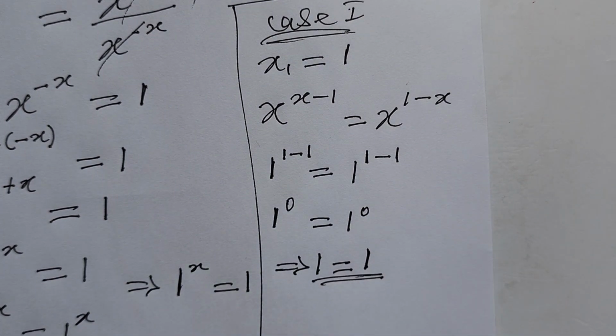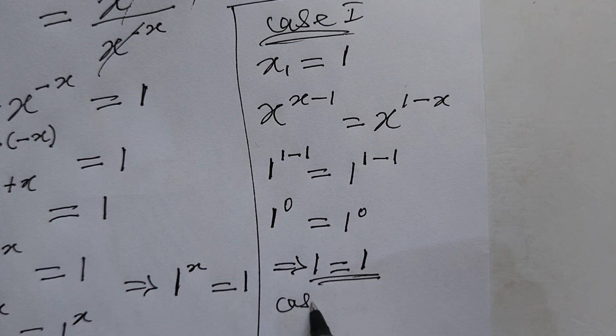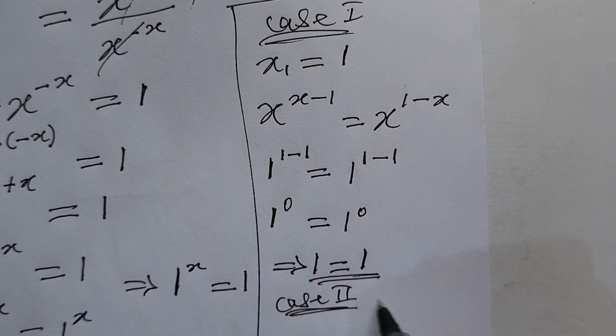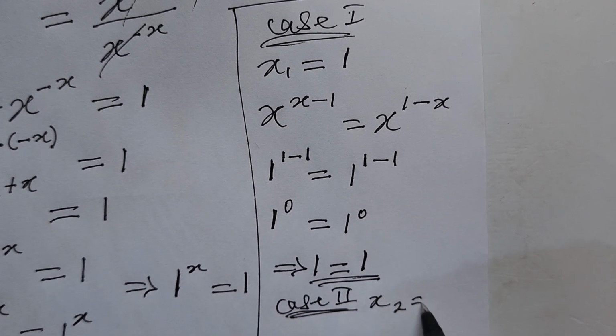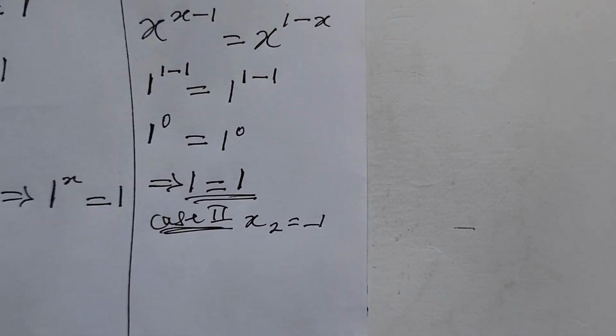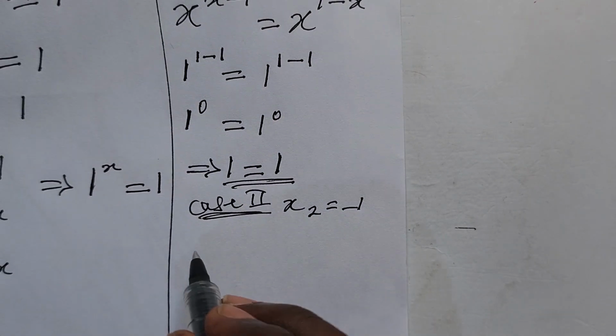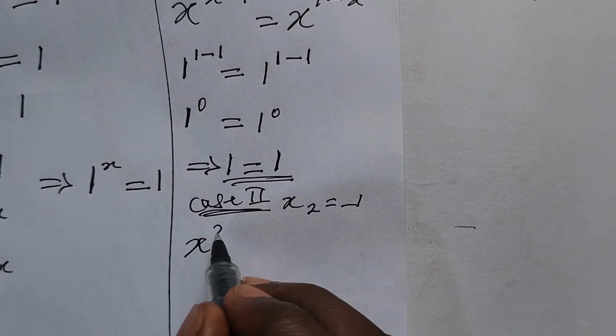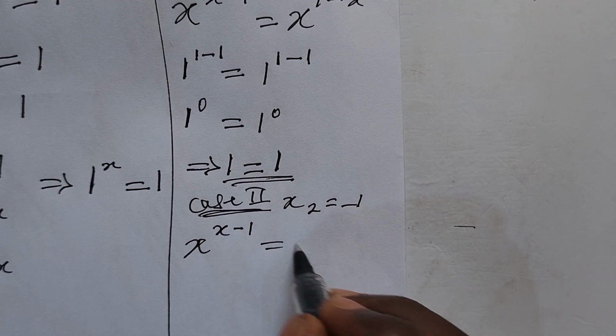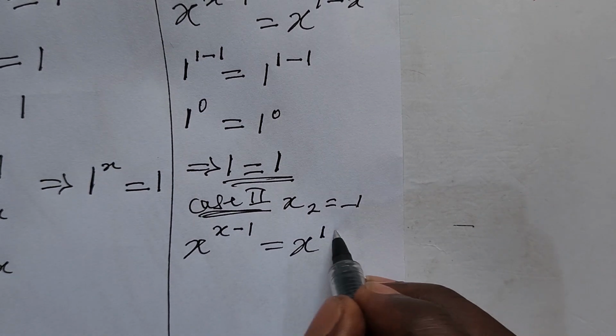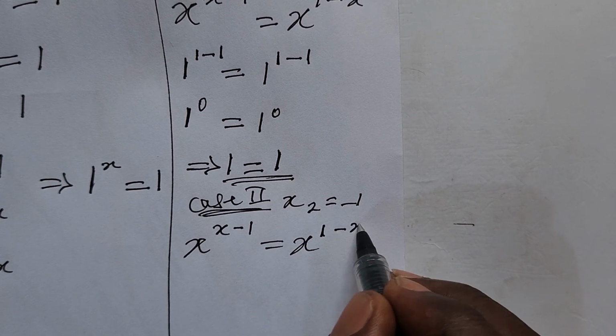Easy. Now let's take our case 2. Then we have x2 equal to minus 1. So what we do here now is substitute that into our equation. Look at our equation: x to the power of x minus 1 is equal to x to the power of 1 minus x.